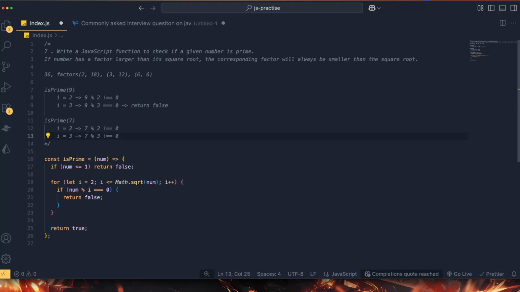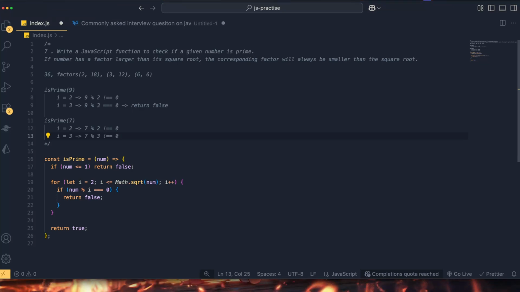The reason is that the square root of 7 is 2.64, so the max value of i is 2 only. So the maximum the loop can go up to is 2, not more than that. So the divisor will never be found, so it returns the value as true at the end.